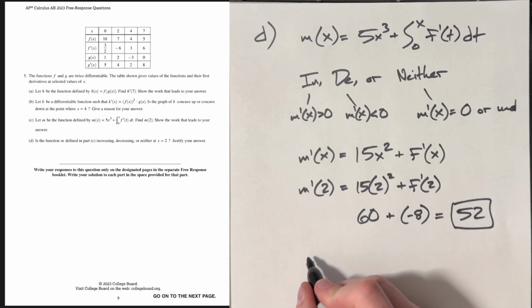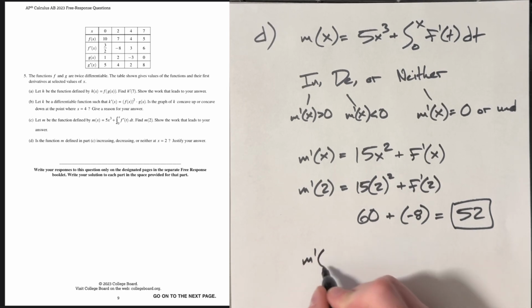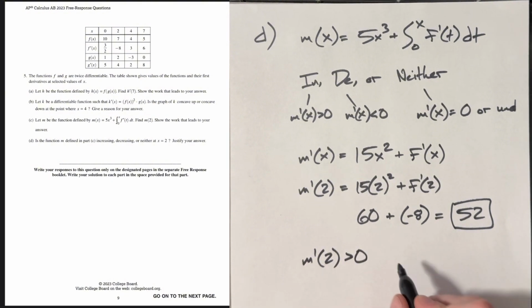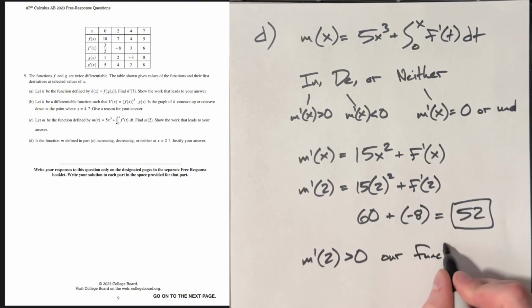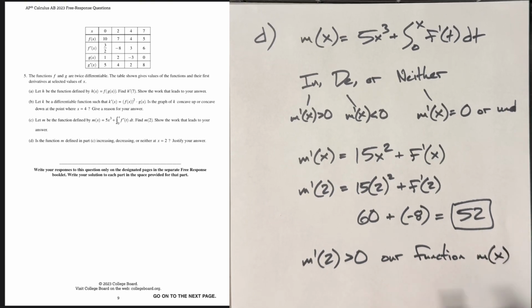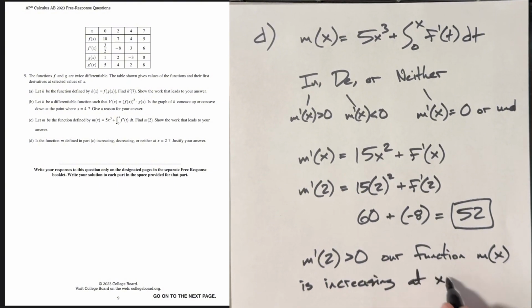So I would say because m prime of 2 is greater than 0, our function m of x is increasing at x is equal to 2.